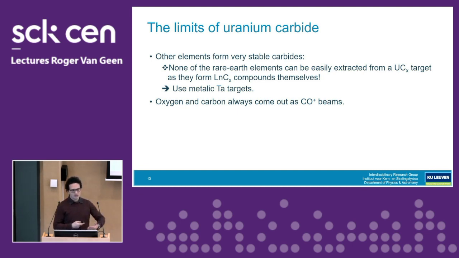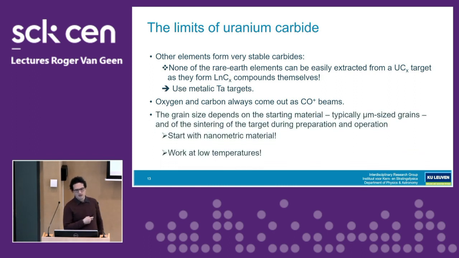There have also been issues of very intense chromium beams coming out of those targets. And it's actually due to chromium that is left behind in the uranium from the uranium stash that they were able at ISOLDE to acquire. So even there, very limited trace amounts of some material can translate into very intense stable beams that could potentially compromise your experiment. So this is something you have to be very attentive about.